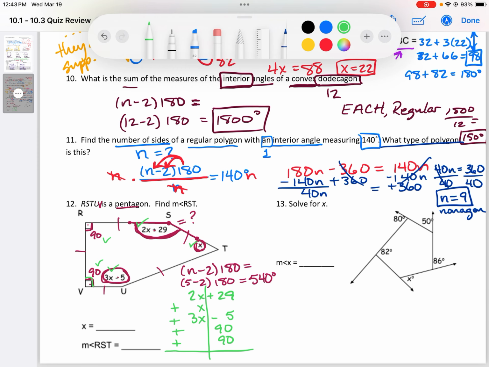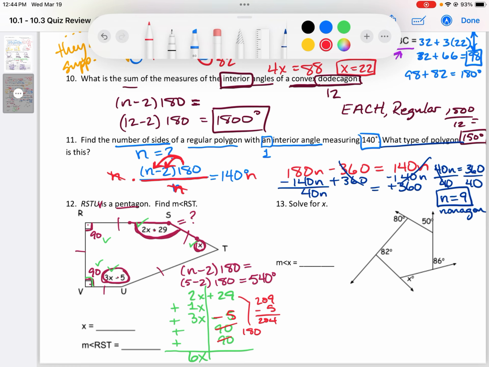And so what I've got to do is go down this column of x's and add them together. 1, 2, 3, 4, 5, 6. So I've got 6x. And then I want to go down this other side. Just doing this mentally, I've got 90 and 90, that's 180. 180 and 29, that's 209.